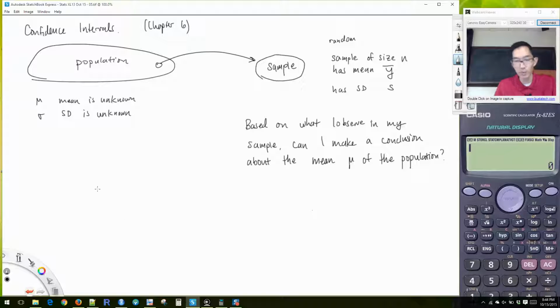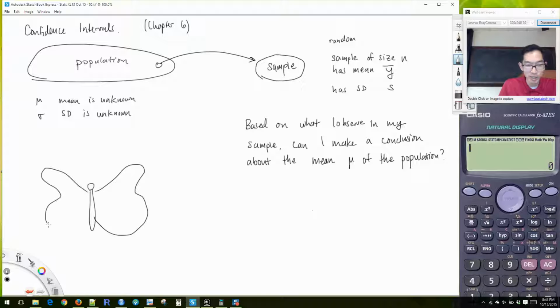Okay, so the example in the book is, this is my attempt at drawing a butterfly. What we're looking at is the wing area of butterflies. This is an important question.